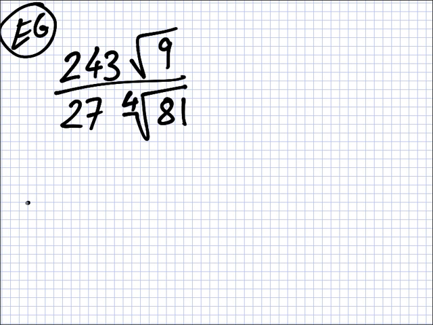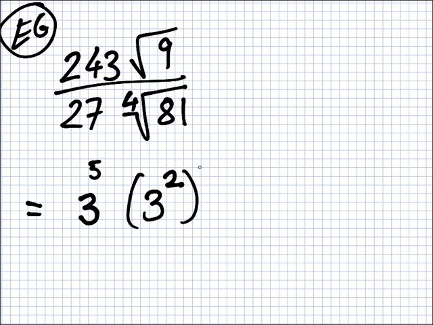Now, I think what makes this easier to do is you realize all these numbers are threes. So this one, 243, I think that's 3 power 5? Yes. And obviously 9 is 3 squared, right? And square root makes it power a half.